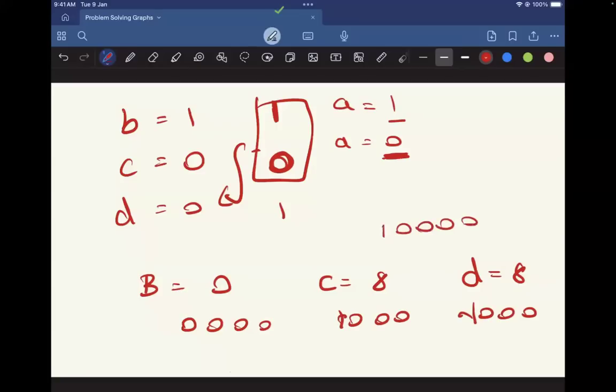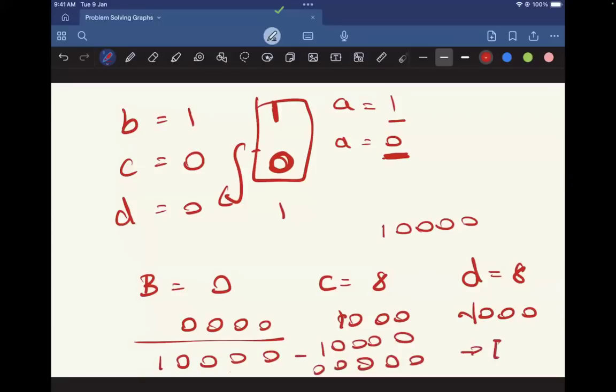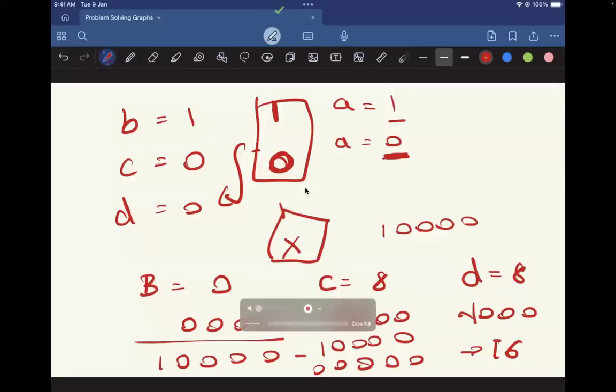When you OR it with this, you will get 1, 0, 0, 0, 0. When you AND 1, 0, 0, 0, 0 with 1, 0, 0, 0, you will get 0, 0, 0, 0, 0. When you subtract it, you will get 16, not 8. So in this case it is not possible to get an answer. It's a bitwise AND operation, 16 and 8 will give you 0. Now, is this clear for everyone, guys?